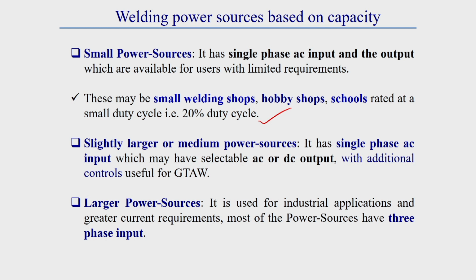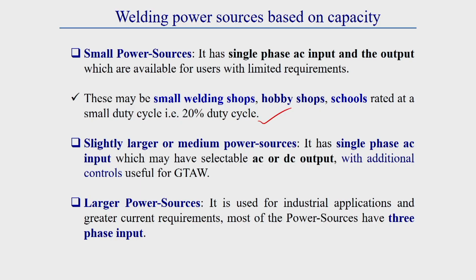So in the case of a small power source, input and output are both alternating current. It is rated at a small duty cycle, that is, 20% duty cycle only.